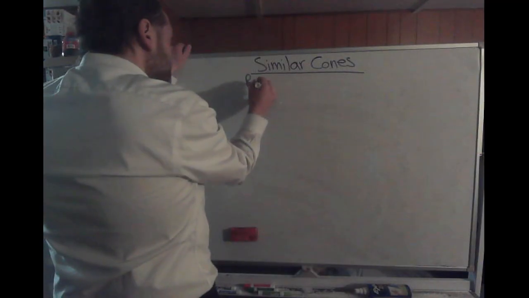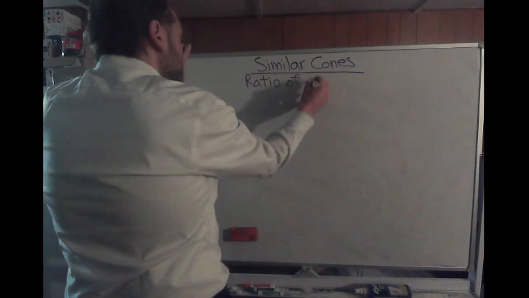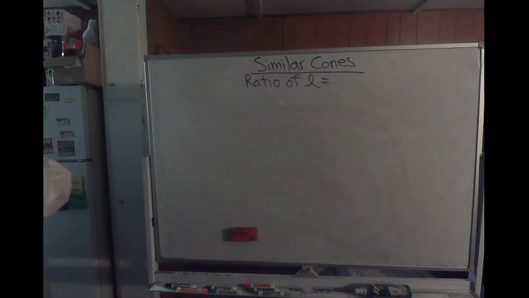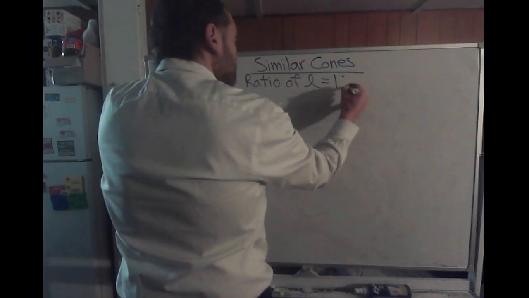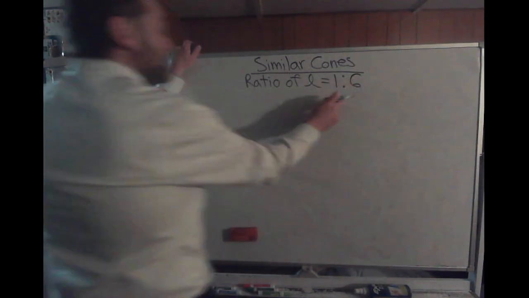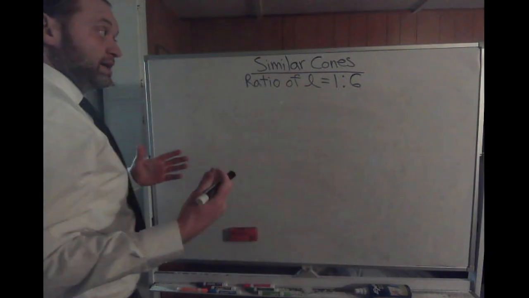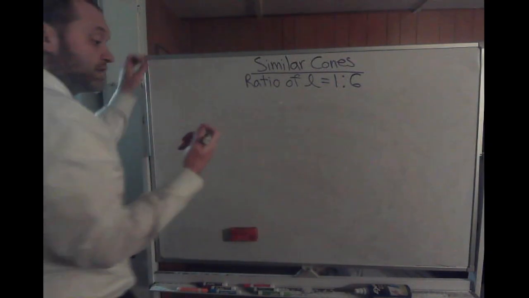This time they start off giving you the ratio of the slant heights. They give you that the ratio of the slant heights is going to be 1 to 6. So the ratio of slant heights is 1 to 6. Well, again, I'm going to suggest that we find the scale factor first.